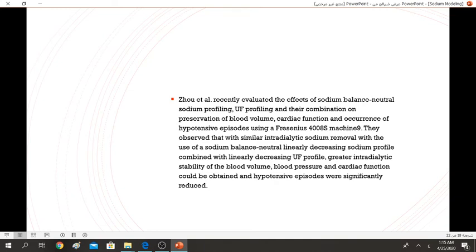They observed that with similar intradialytic sodium removal, using a sodium balanced neutral linearly decreasing sodium profile combined with a linearly decreasing ultrafiltration profile, greater intradialytic stability of blood volume, blood pressure, and cardiac functions could be obtained, and hypotensive episodes were significantly reduced.